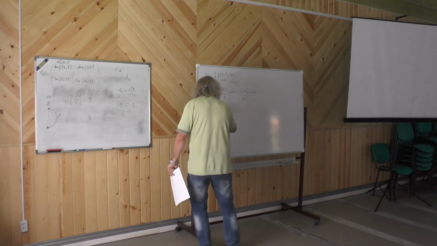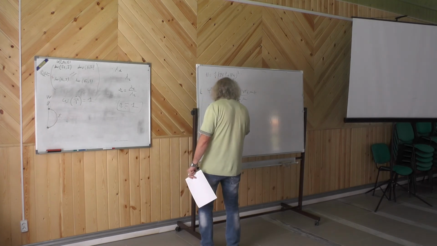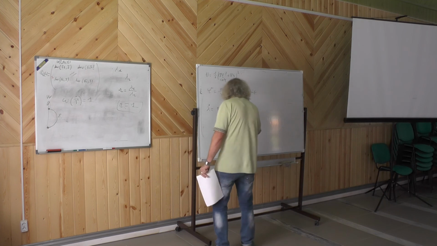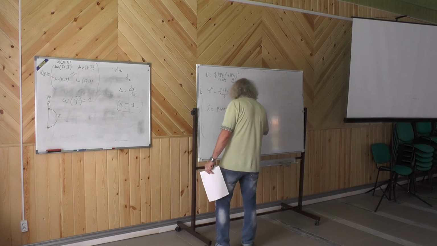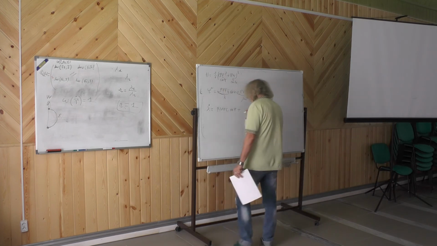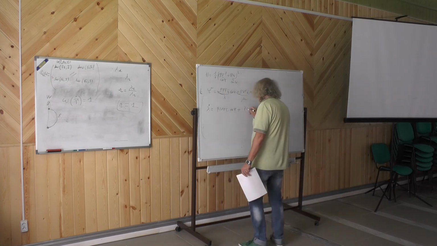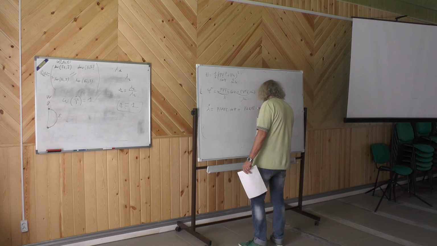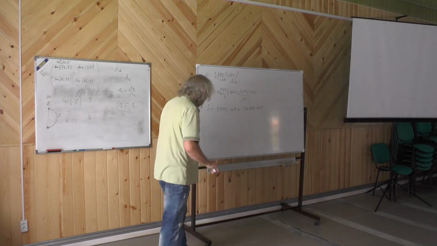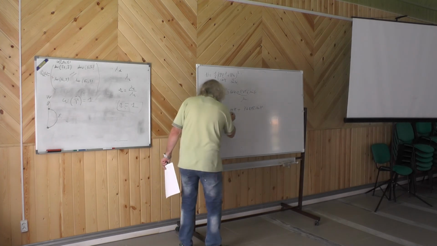So lambda dot is equal to pffg cosine phi plus, including the minus, plus pgfg sine phi. Okay, and now you have to do it once more.